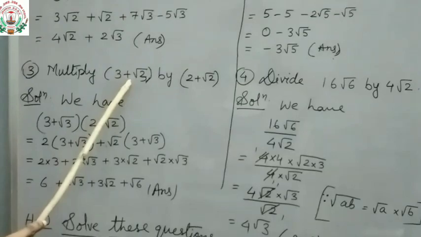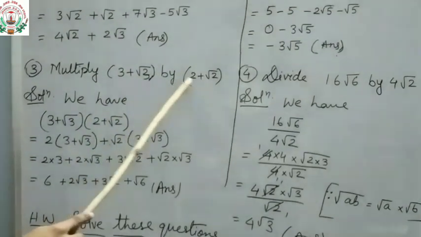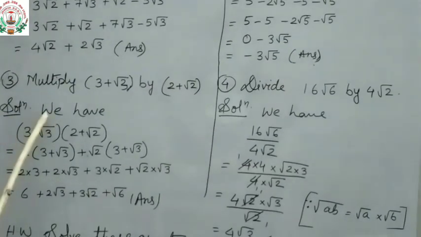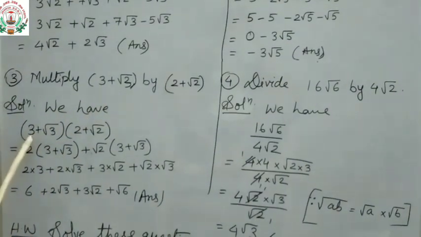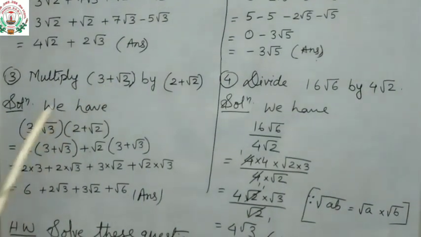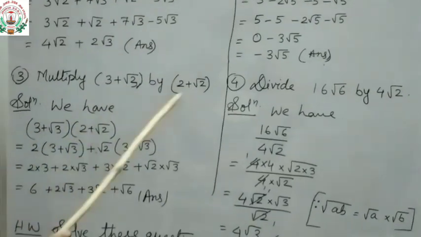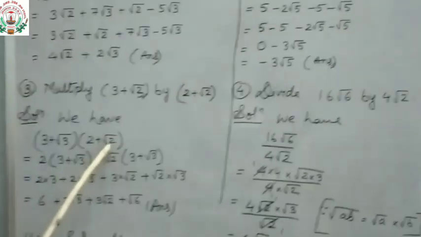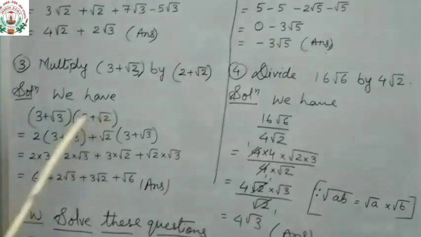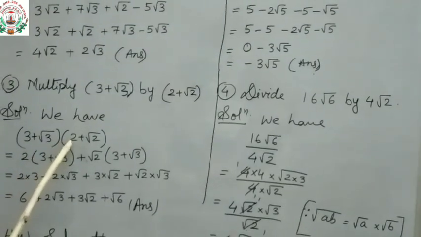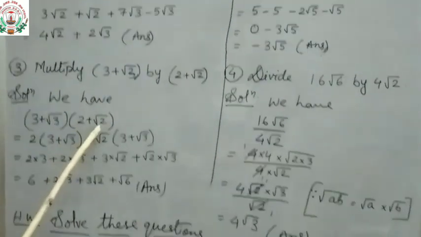Now we will move to the third question, that is multiply. Multiply 3 plus root 3 by 2 plus root 2. Okay. So now solution. We have the first real number 3 plus root 3, into the second real number, which is 2 plus root 2. Okay. Now multiply, you know (a plus b) into (c plus d).